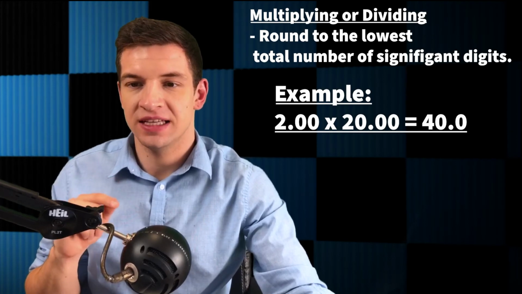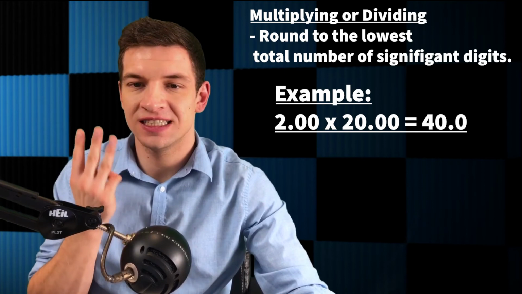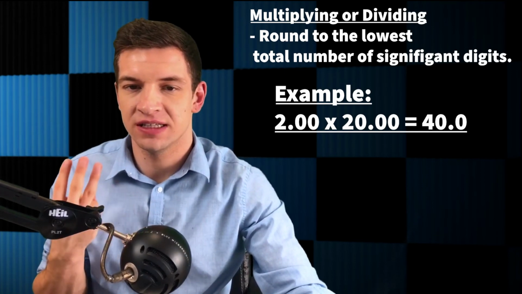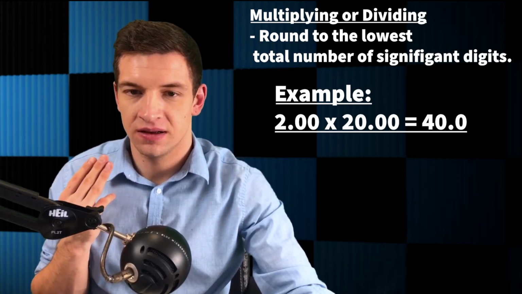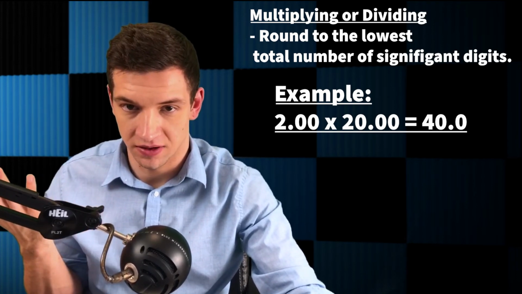So that means that the answer to that equation is going to be 3 significant digits. So you're going to round it to 3 significant digits, which is 40.0. So 40.0. All right?